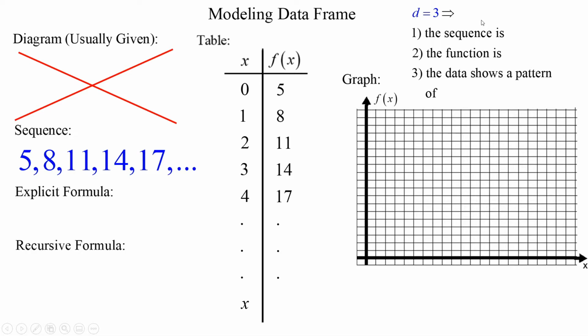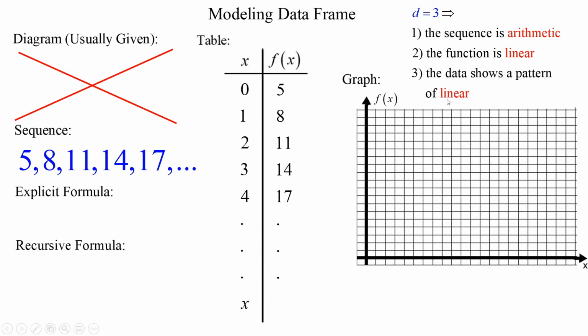And now we're going to work on filling this stuff out even before we have the visual graph. All right. With a common difference, we know that the sequence is arithmetic, and an arithmetic sequence leads to a function that is linear. So when I graph it, I should have a straight line, and that means the data shows a pattern of linear.